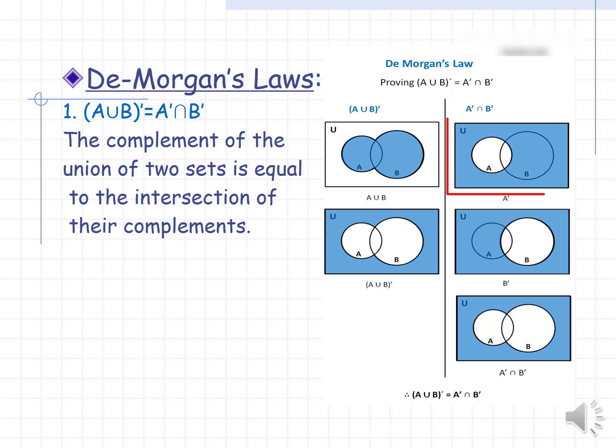On the right hand side the first figure represents A complement, and in the second figure the blue shaded area represents B complement. In the third figure the blue shaded area represents A complement intersection B complement. We can see on both sides the shaded areas are the same, therefore A union B complement is equal to A complement intersection B complement.